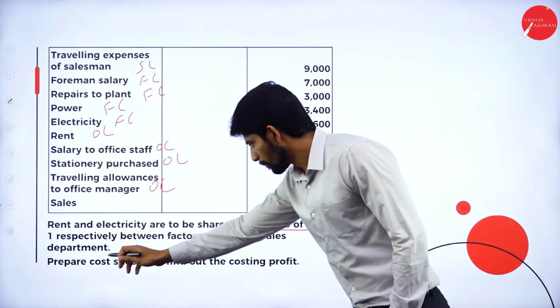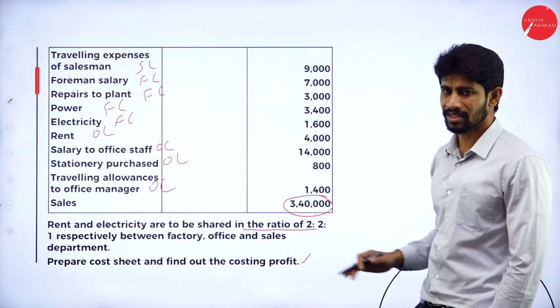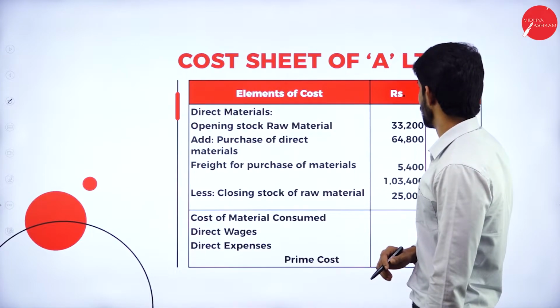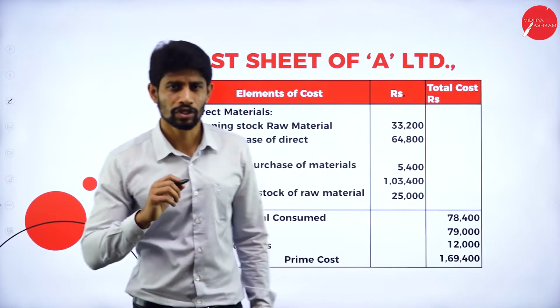And prepare cost sheet and find out the costing profit. So using this information, we are supposed to prepare the cost sheet of A Limited, with elements of cost, rupees and total cost.